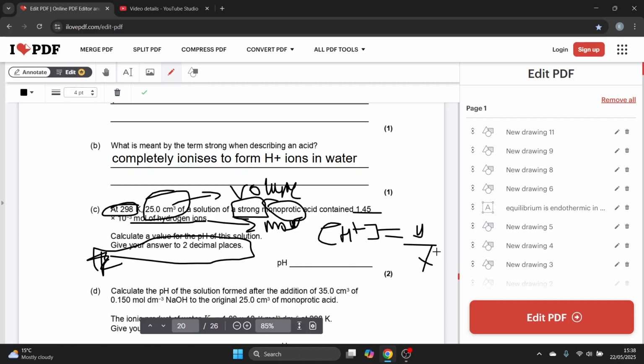So it's just going to be 1.45 times by 10 to the power minus 3 over 25 times by 10 to the power minus 3 because I want it in moles per decimeter cubed. Then I substitute it into the expression pH equals minus log 10 H plus, so minus log 10, 1.24.